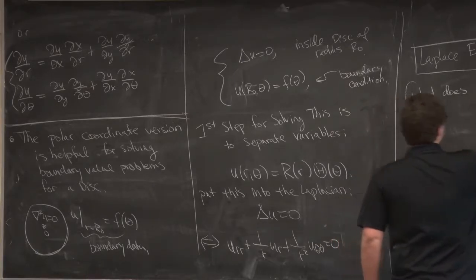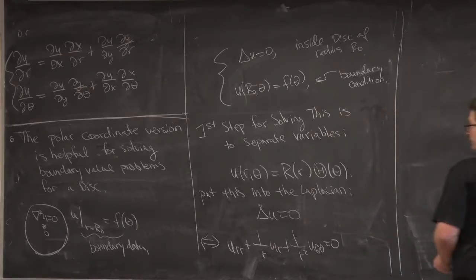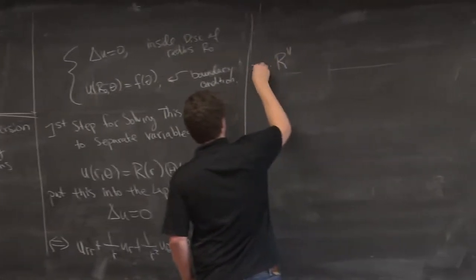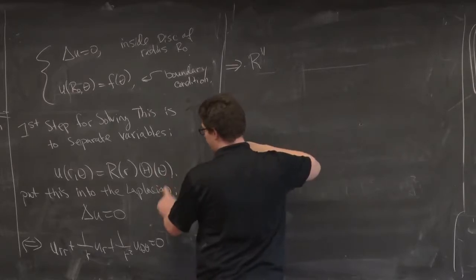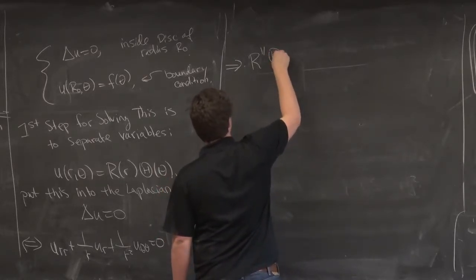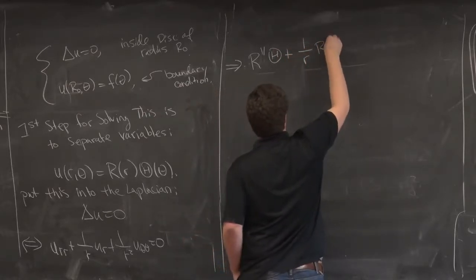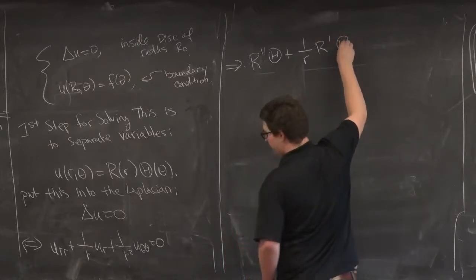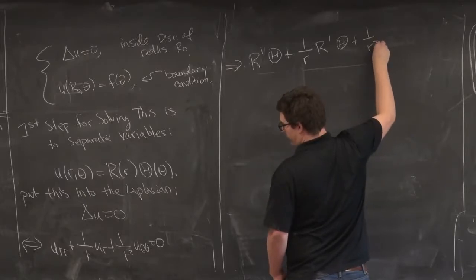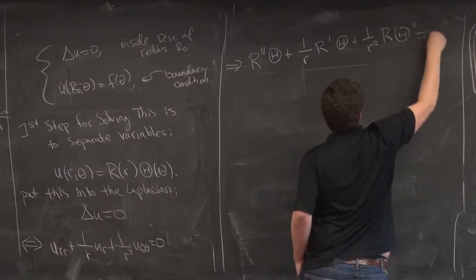And now we are going to plug in our solutions. So we get R'' Theta plus 1 over r R' Theta plus 1 over r squared R Theta'' is equal to 0.